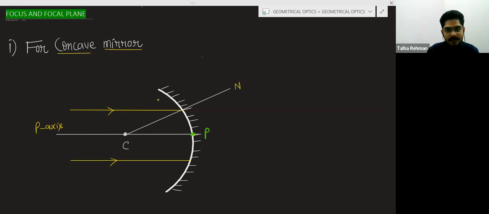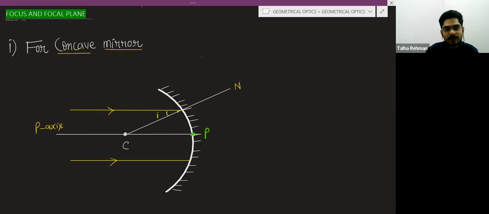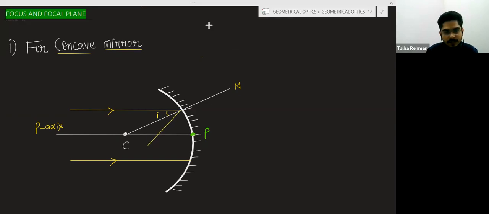This is the angle of incidence I. Accordingly there will be the reflection of the light, and the reflected ray will be like this.